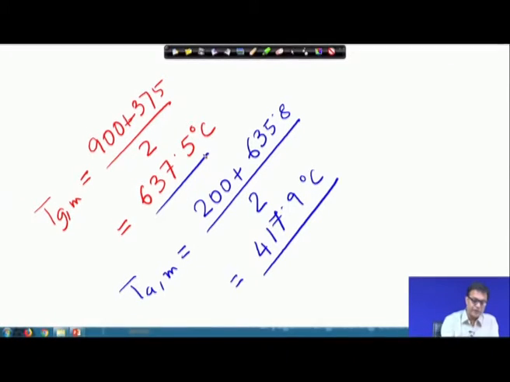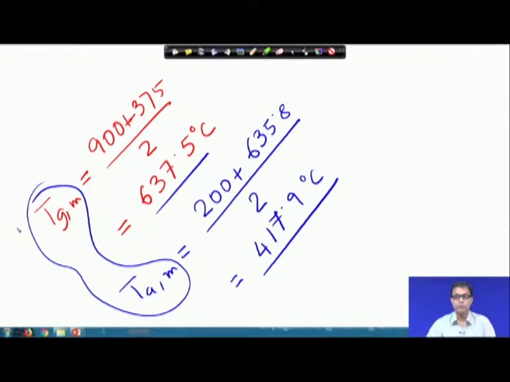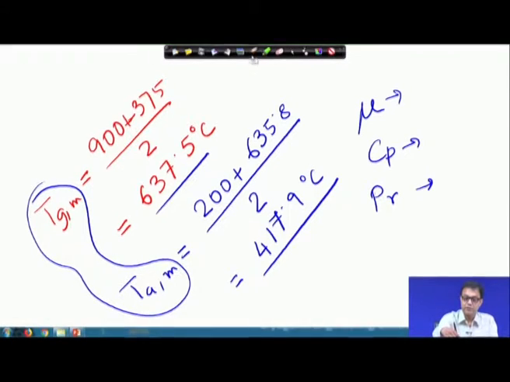Now, based on this mean temperature, we would be able to calculate the fluid properties: the mu, the Cp, and the Prandtl number, which are the parameters we will now require.